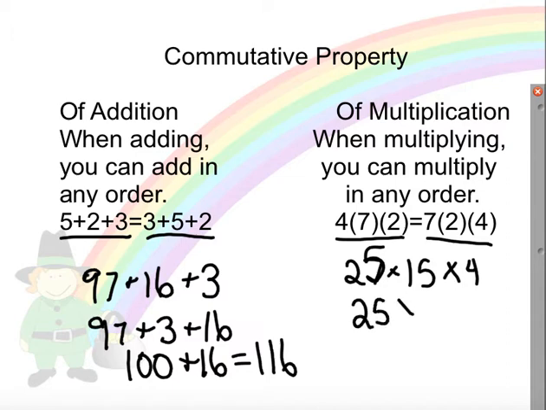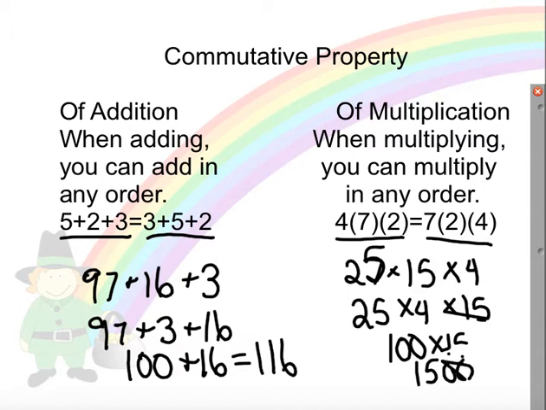Do 25 times 4 times 15. So now when I do it, I get 100 times 15, which gives me an answer of 1,500. Okay? A whole lot easier than going the long way around, at least in my perspective. That's what we can do with the commutative property.